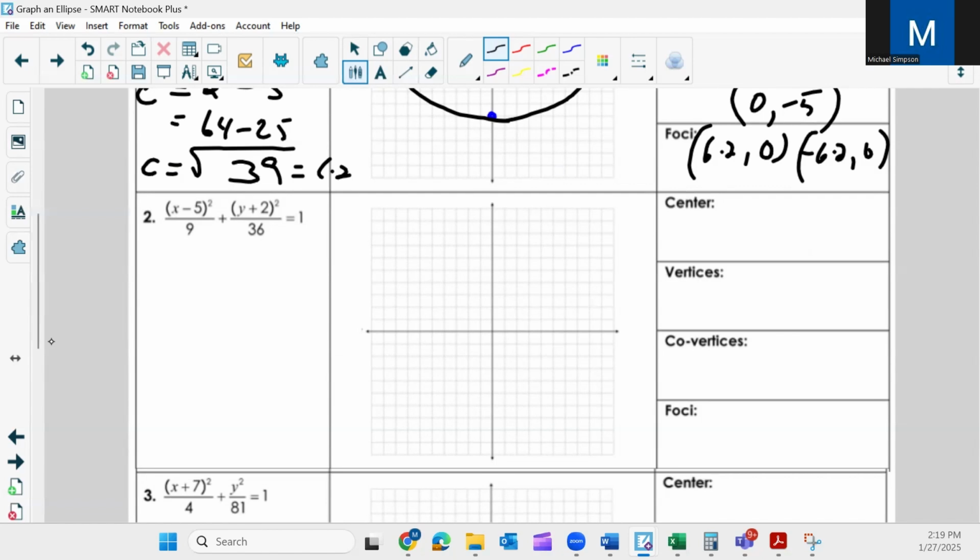So it's going to be 6, 5, 4, and 5, negative 8. Find the foci. Yes, A is always the major value. Let's go.